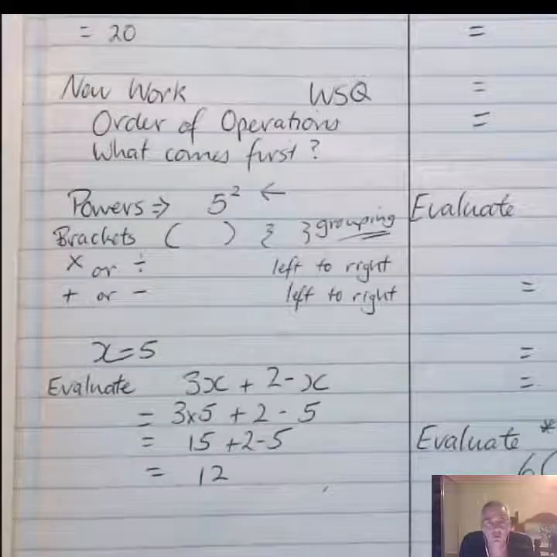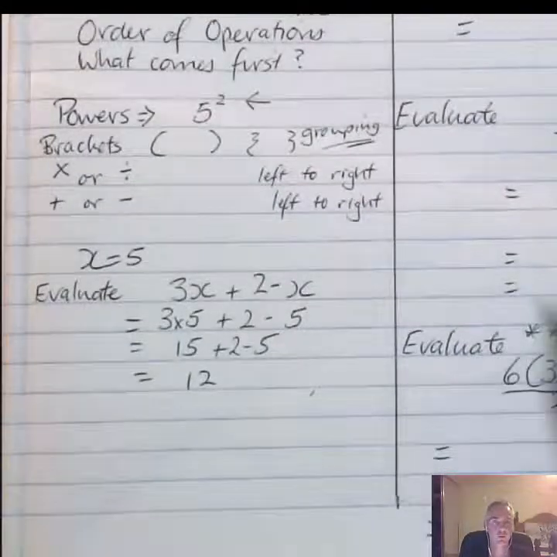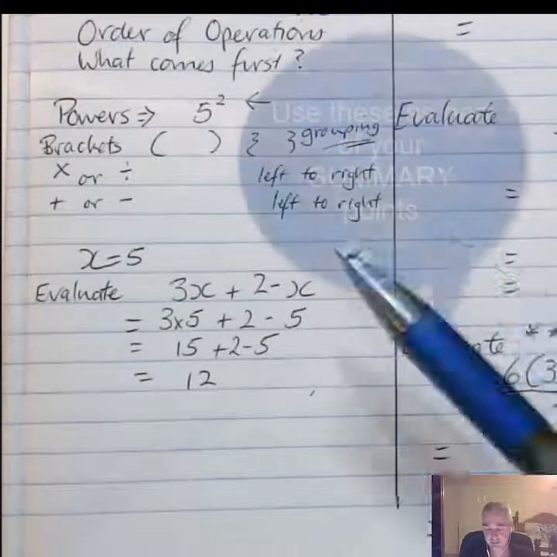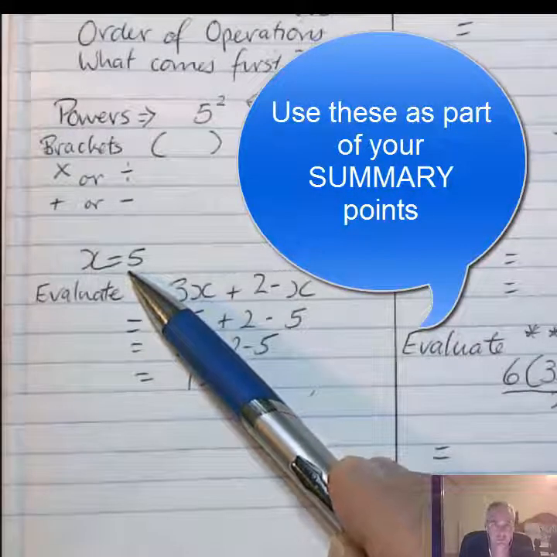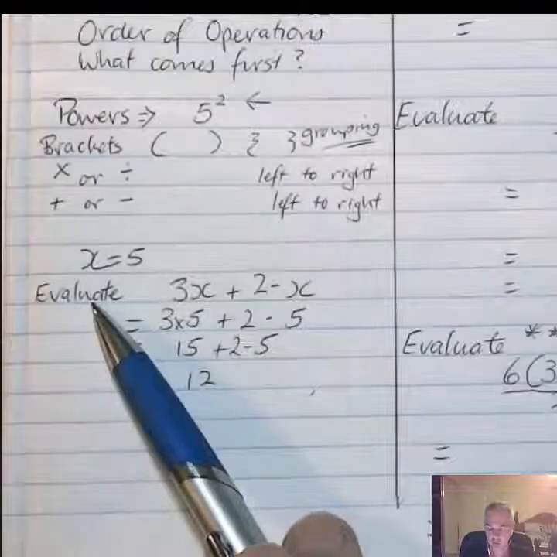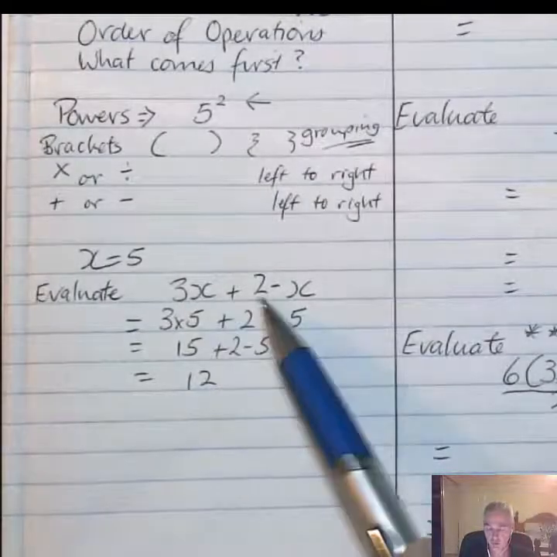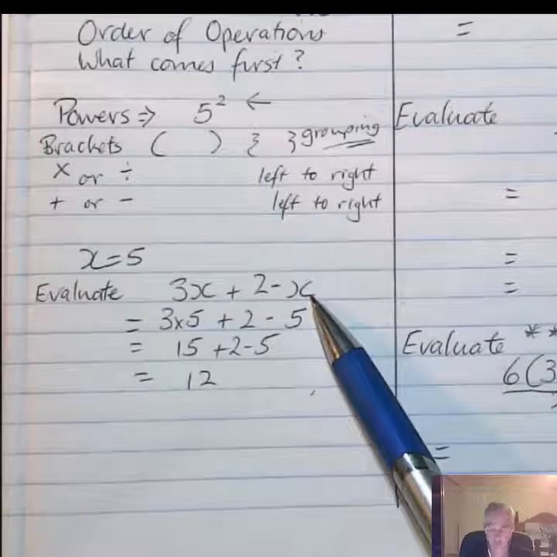So here are some to have a go at. And quick examples. Here the value we've got of the pronumeral x is 5. So anytime I see the letter x, I can put in a 5. This one says evaluate, so I'm working out an answer. 3x plus 2 minus x. My first line, all I do is substitute, I swap in numbers for letters.